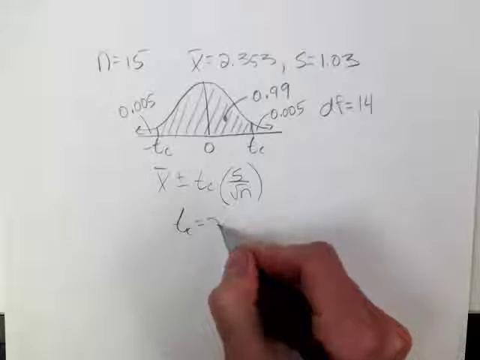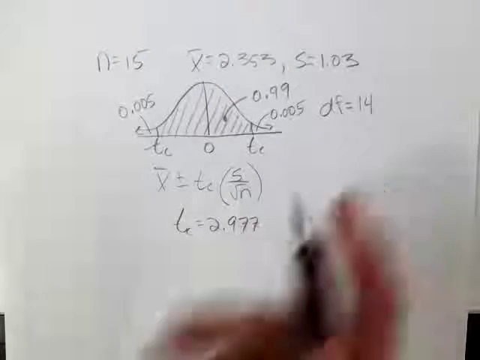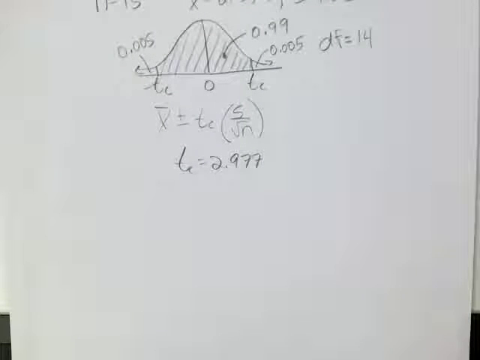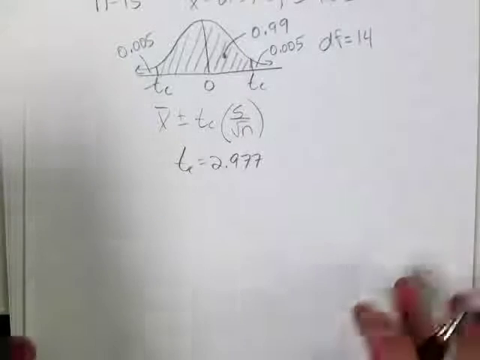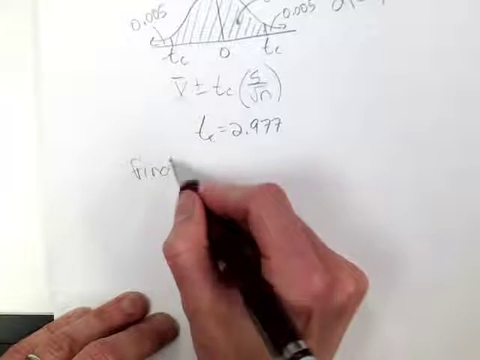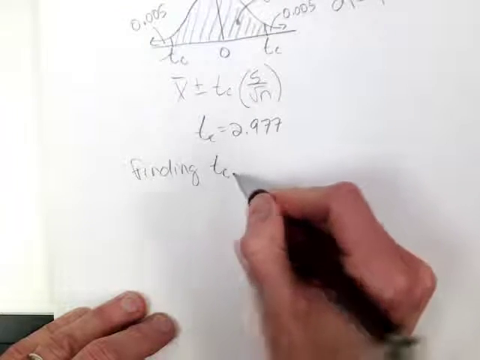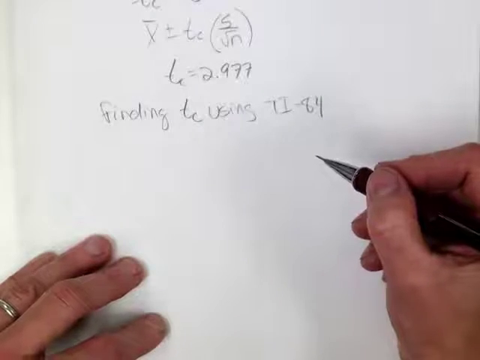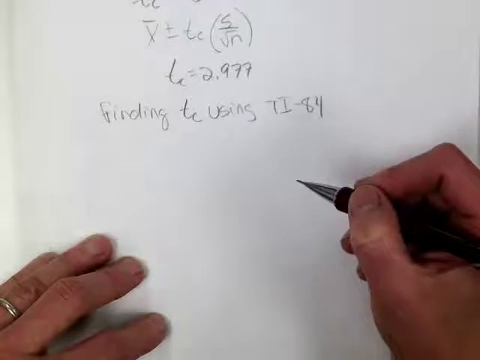Now let me show you how to get that on your calculator. If you have an older TI, then you won't have this capability, but for those of you that have a newer TI, there is an inverse t distribution built into the calculator. So, finding t sub c using the TI-84. You have to be careful with this though, because it's expecting a cumulative area.